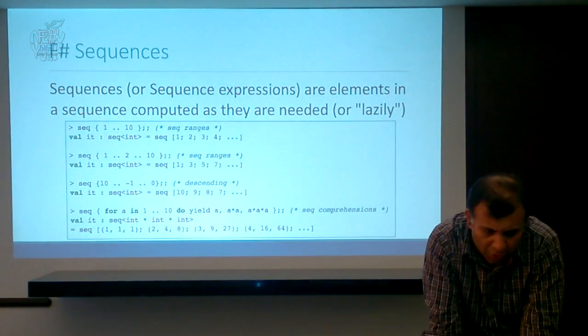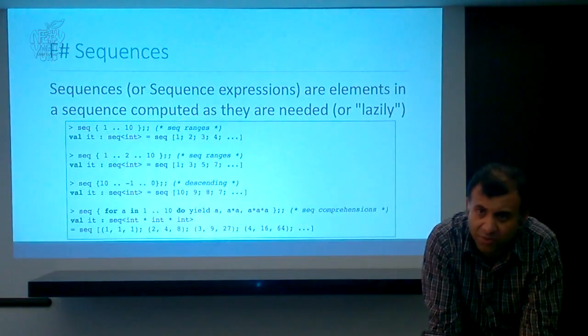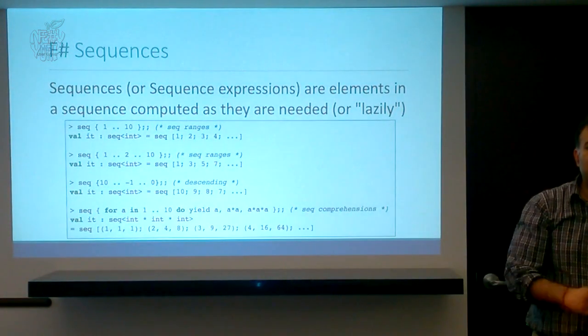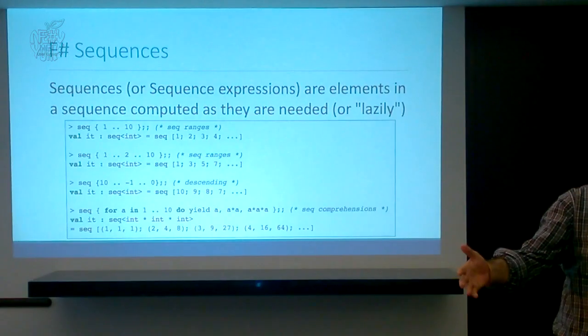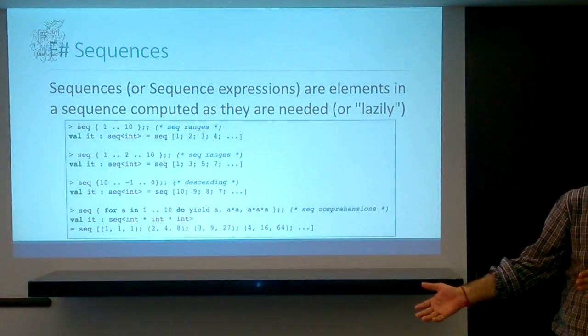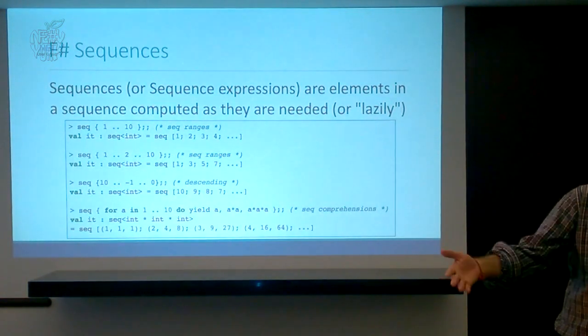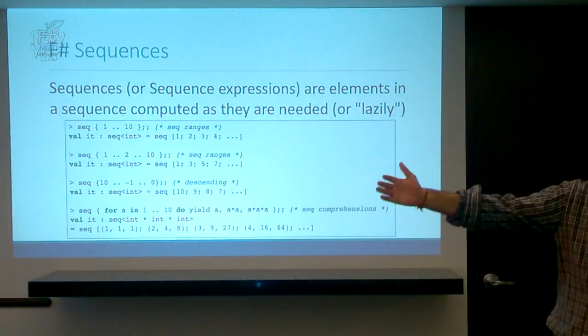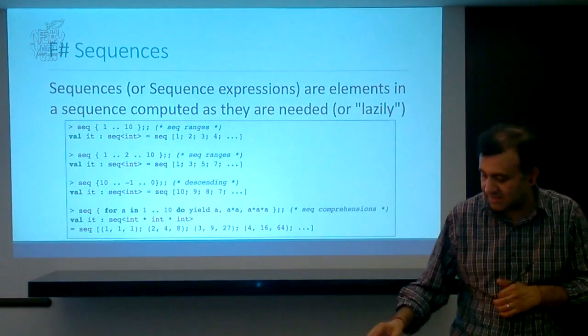Particularly when you have a very large set of data, and let's say I have like 10,000 customers and I need the first 5 customers who satisfy a certain criteria, I'll use something like a sequence. As soon as I have 5, I don't want to compute the remaining, let's say, million. So that's where lazy lists are used.